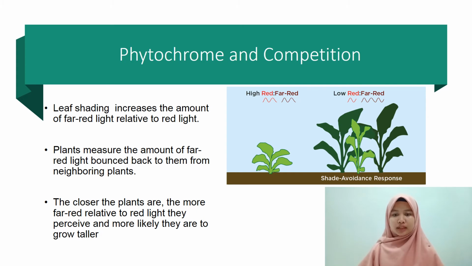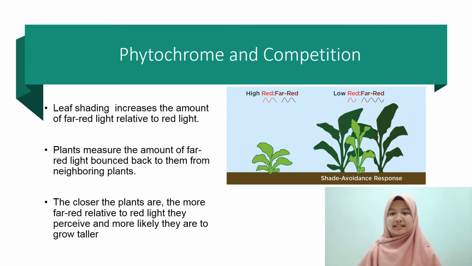As you can see in the figure here, there are 2 light green colored plants. The first plant is planted further away from the other 3 plants and is shorter. This plant has a high red to far red light ratio. The second plant is planted next to two dark green colored plants, and as you can see, leaf shading occurs.